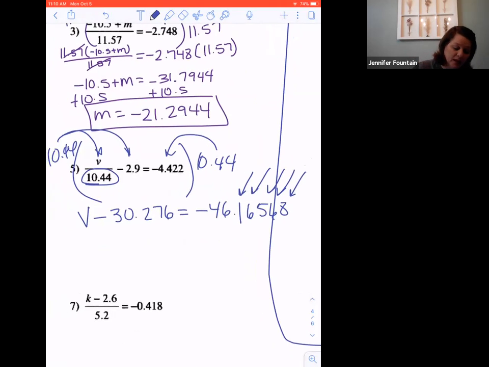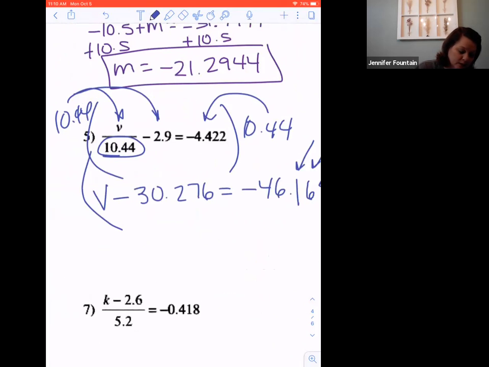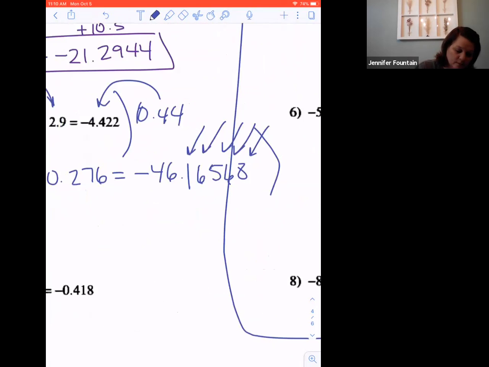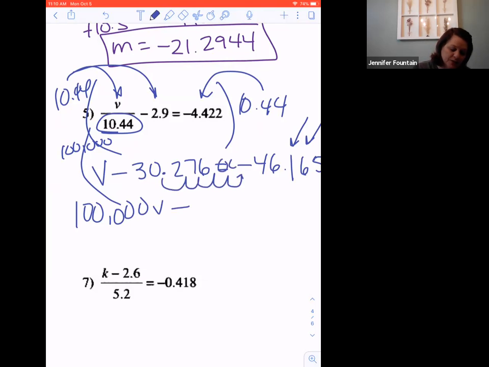So I'm going to have to multiply my entire problem by 100,000. So I have 100,000 v minus. Now remember, if I multiply by 100,000, that means I move my decimal 5 places. So it would be 1, 2, 3, 4, 5. So I'd have to add 2 zeros in there.